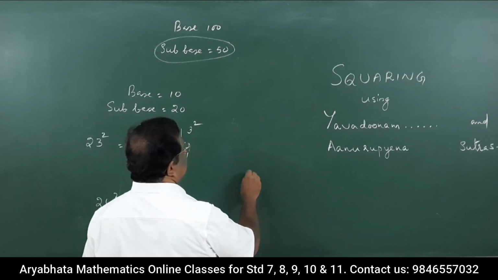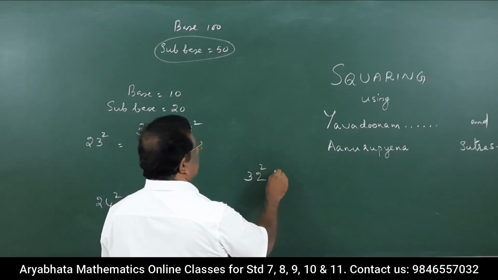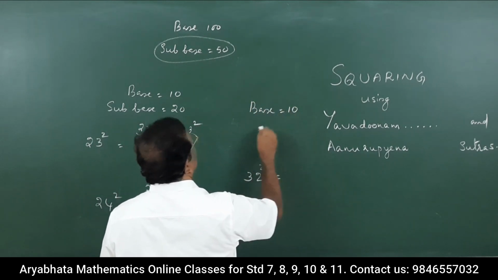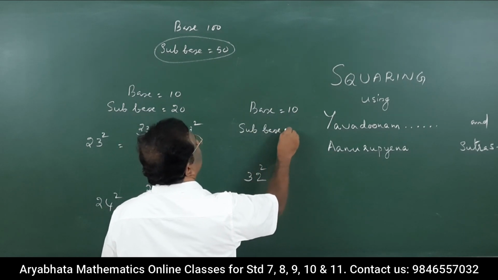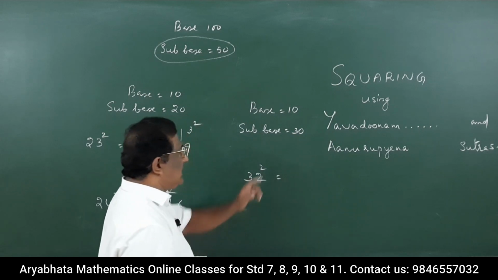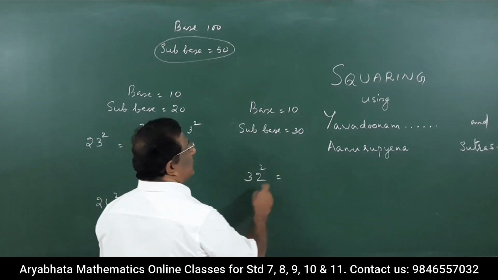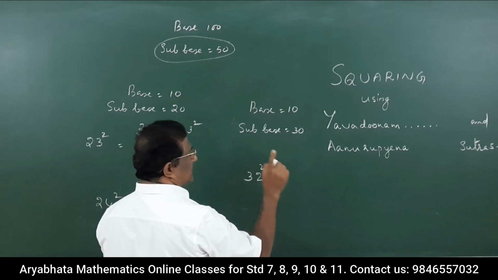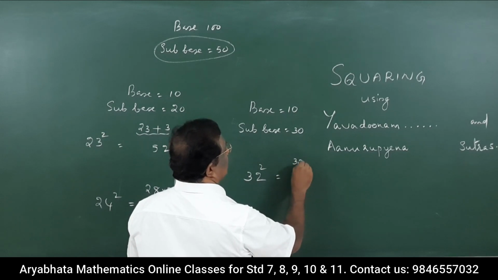Suppose you want to find the square of 32. Base is 10. Working base or sub base equal to 30. And see, it is 3 times the base. What do we have to do? First, deficiency: 30, 32, deficiency 2. Number plus deficiency, 32 plus 2, that is 34.